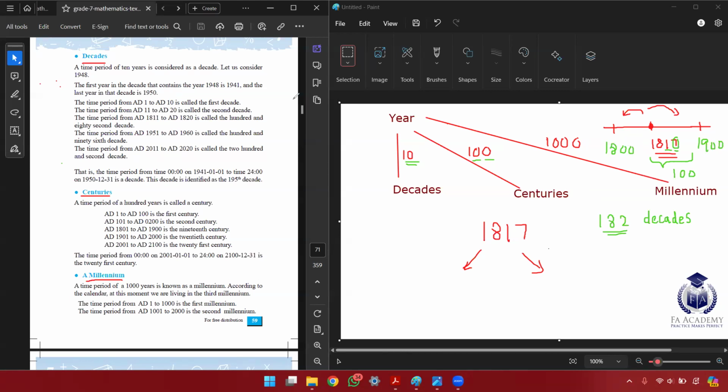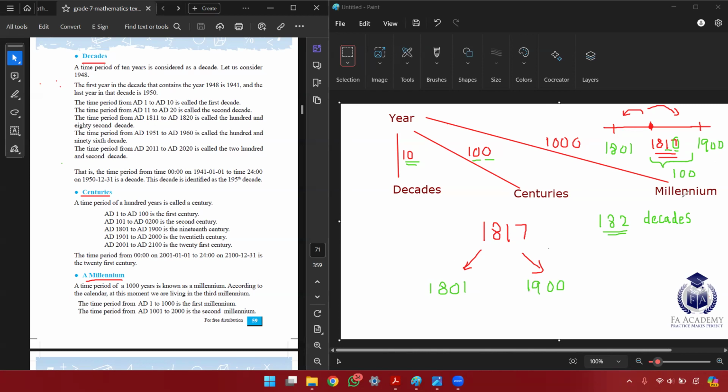And you need to change the ones place of this, because I told you that we cannot have 101 years. So in order to keep it as 100 years, we take it as 181. So 18, and 1900.